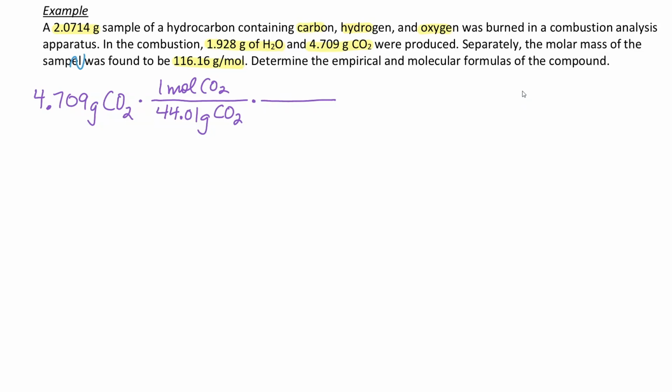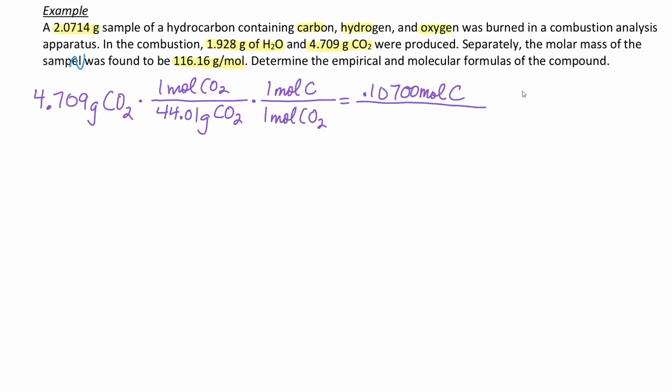And then we talked about this 1 mole of carbon for every 1 mole of CO2. Just like with a straight up regular empirical formula problem, I like to take quite a few digits here, 4.709, right? I got 0.10700 moles of carbon.